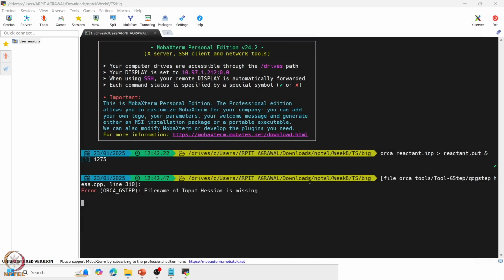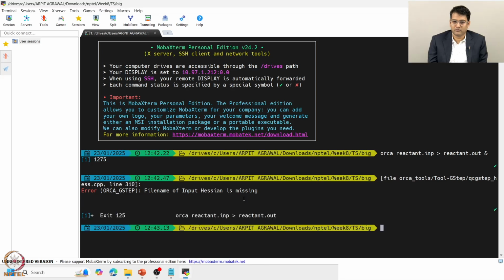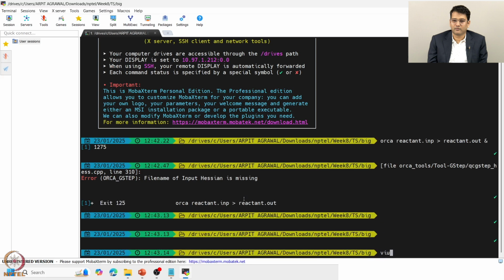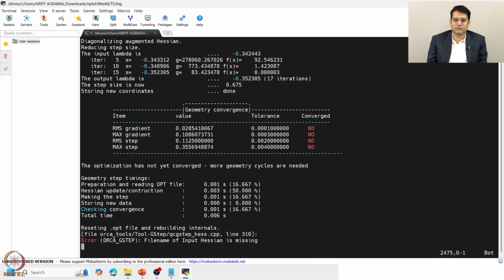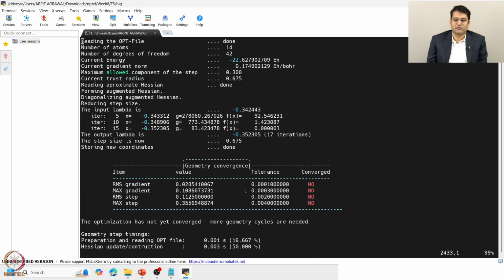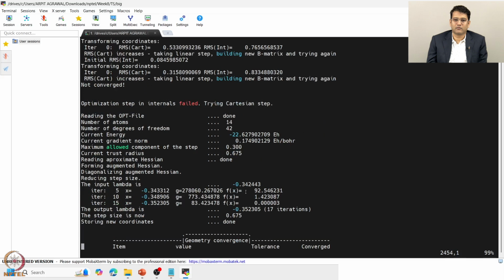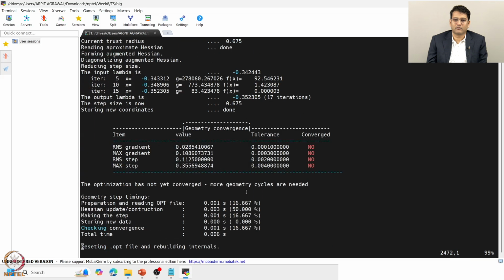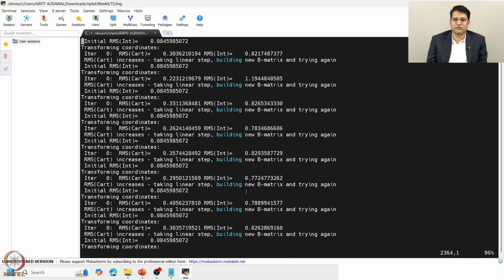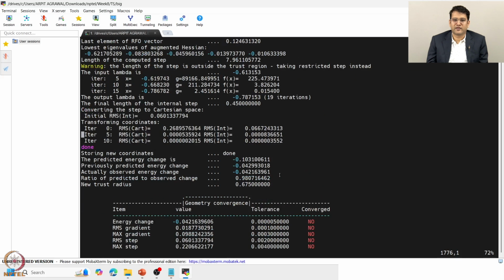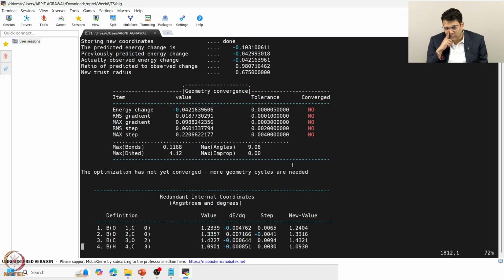There is an error. So sometimes it has happened that the initial structure is not very proper.